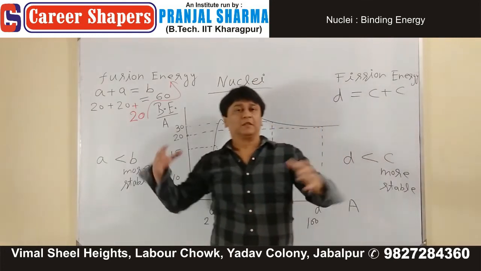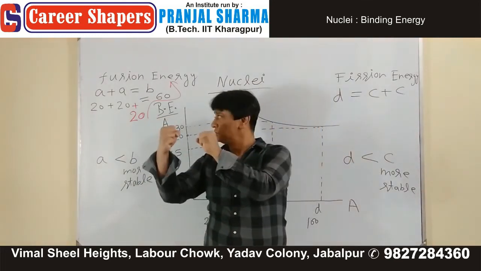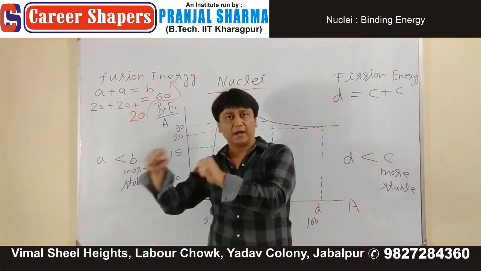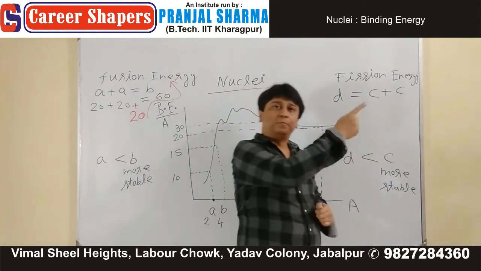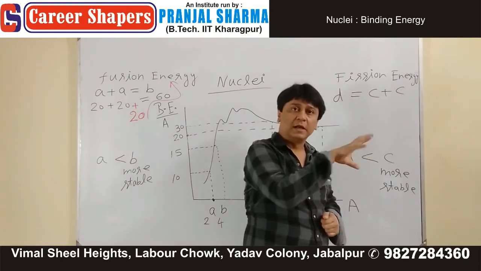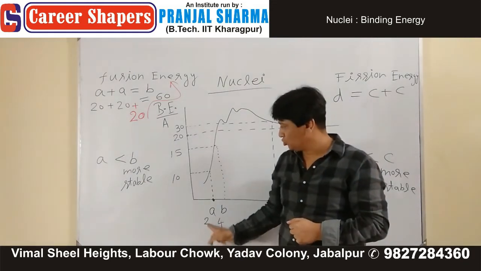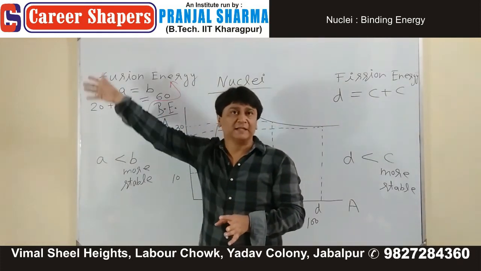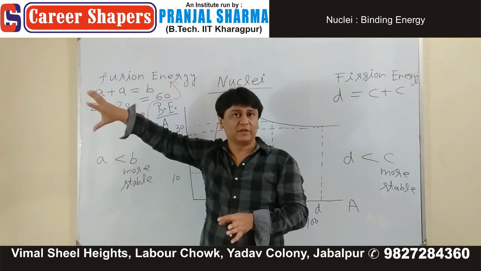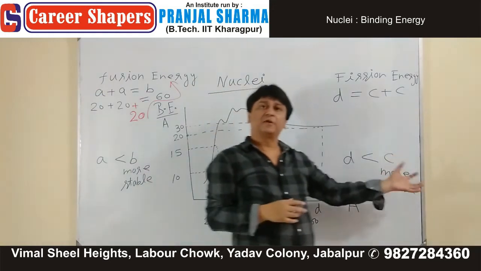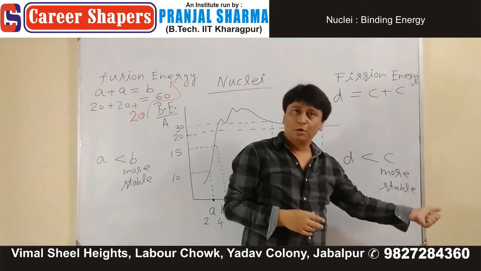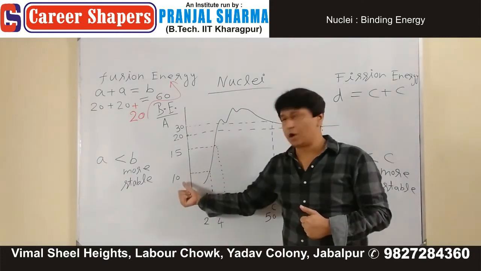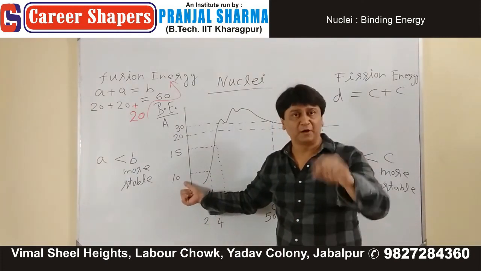So, the moment these 2 nucleons go and sit in the first theater A, the person at the counter gets how much money? 2 multiplied by 10, 20. Similarly, another 2 go to the same type of theater A, where the ticket cost is 10 rupees per person.